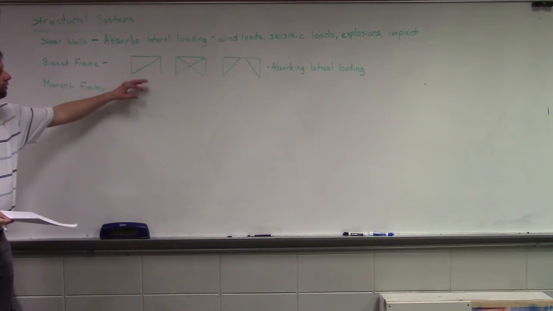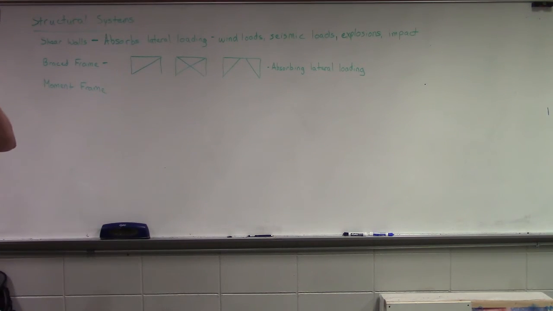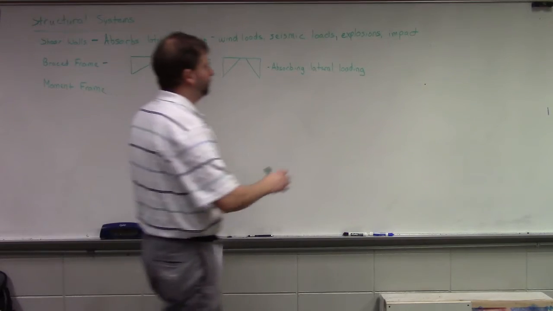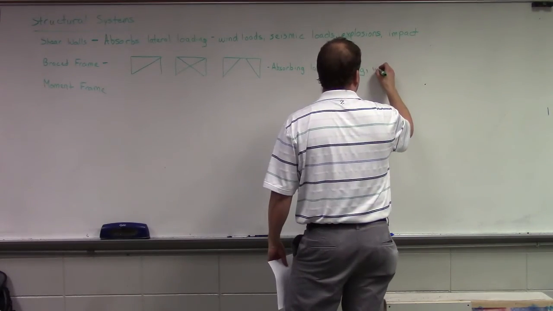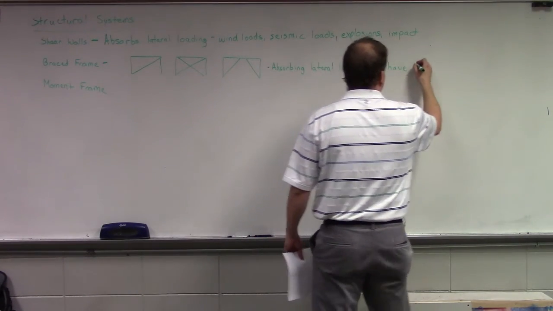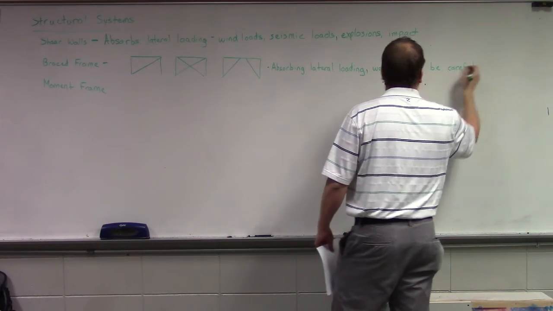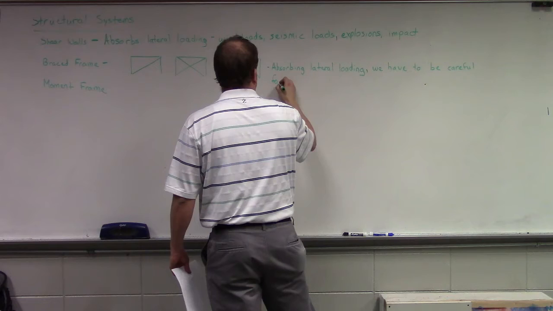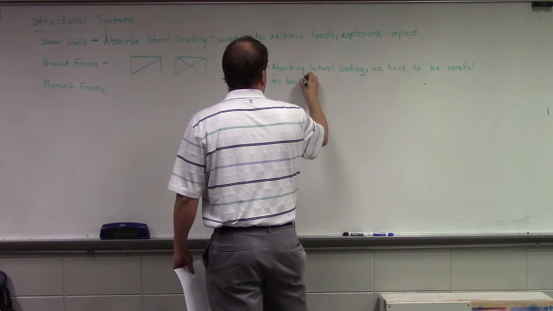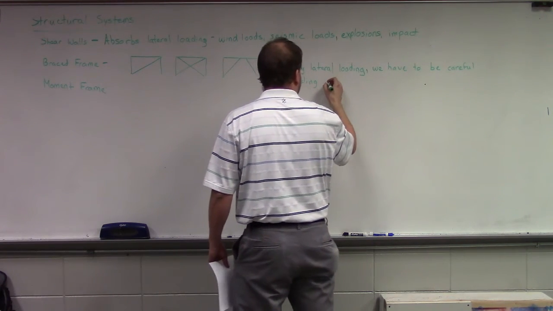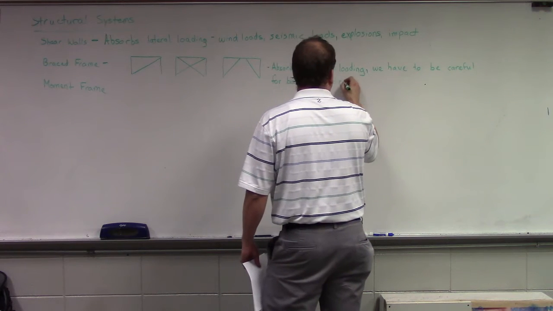One point of issue with our bracing, and this gets back to our truss analysis, is we have to be careful with our members in compression. What we're interested in is what's happening for buckling of those compression members.